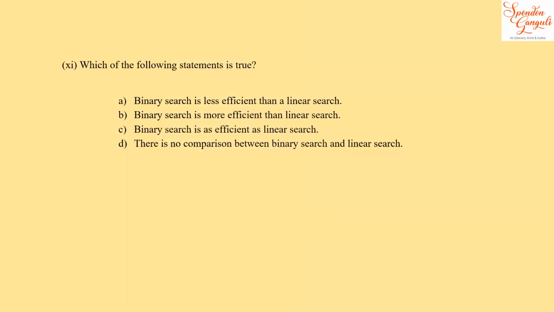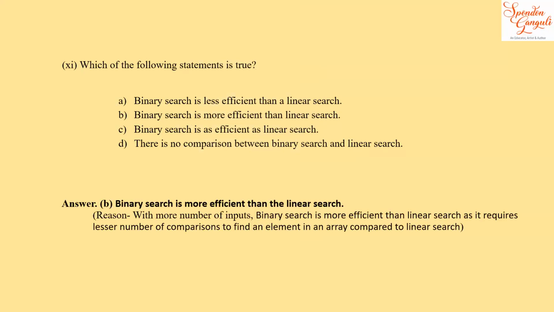Which one of the following statements is true? Binary search is less efficient than linear search. Binary search is more efficient than linear search. Binary search is as efficient as linear search. There is no comparison between binary search and linear search. The answer is binary search is more efficient than linear search.